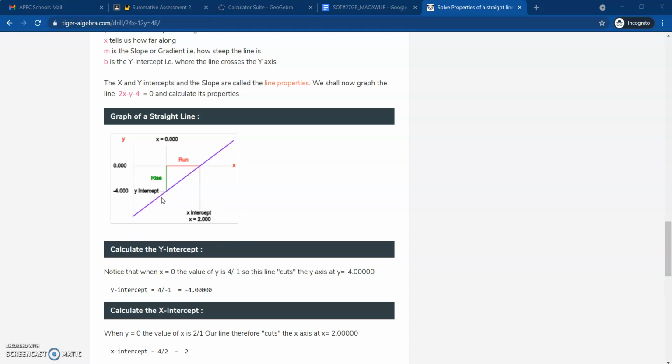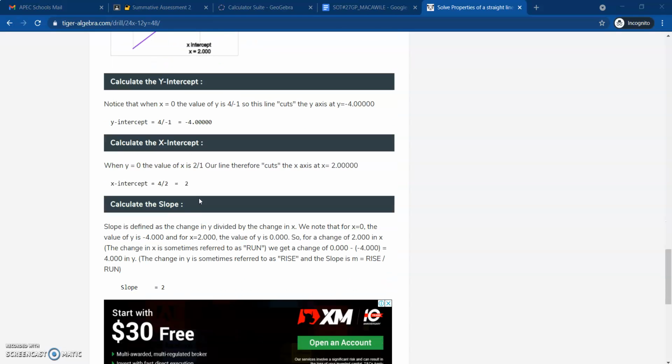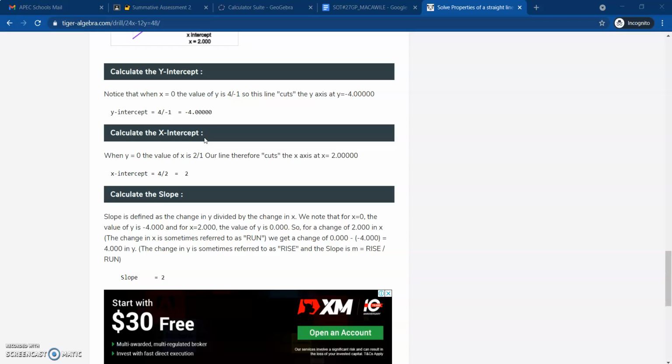Okay? So when you say up, it means rise. That means this is the green one. And you can see run here, and the run here is colored red. So you have to notice that when x is equal to 0, the value of y is 4 over negative 1. So this line cuts the y-axis at y equals minus 4.